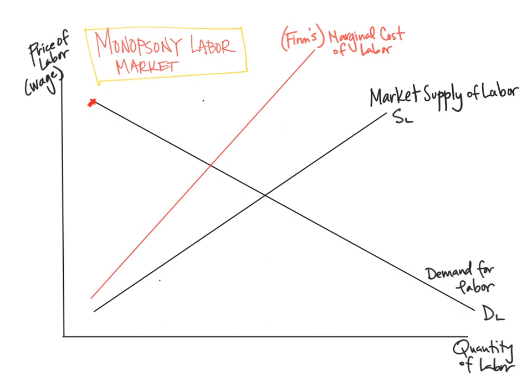The marginal revenue product or the value of the marginal product of labor, that's the same as this demand for labor. So you're looking for where that demand curve, right, or the benefit of the worker crosses the marginal cost. And boom.